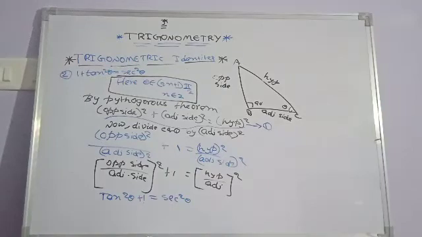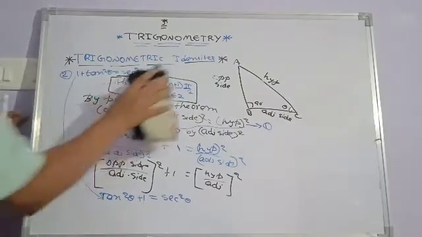Hence it is also proved. We can write tan square theta plus 1 or 1 plus tan square theta; 2 plus 3 and 3 plus 2 is the same. We already know that.